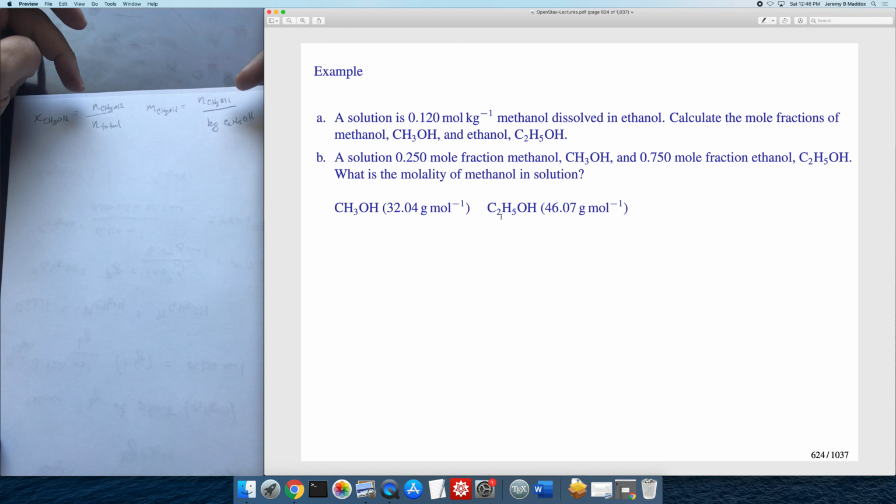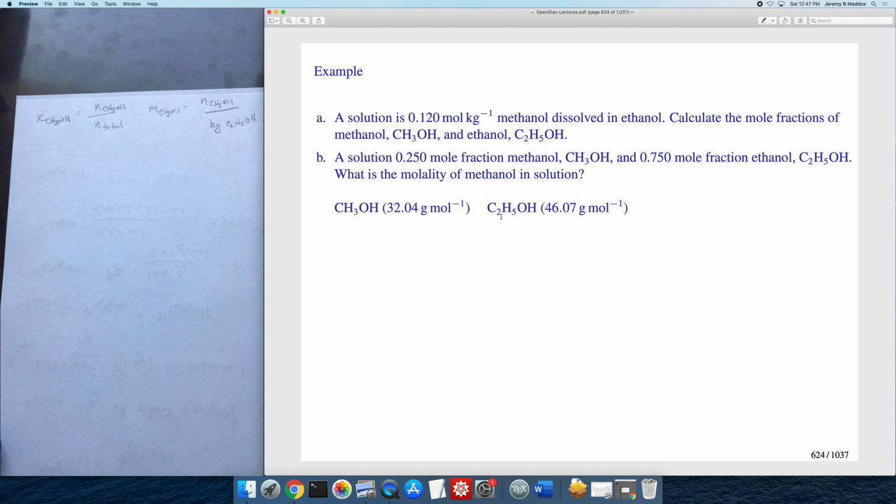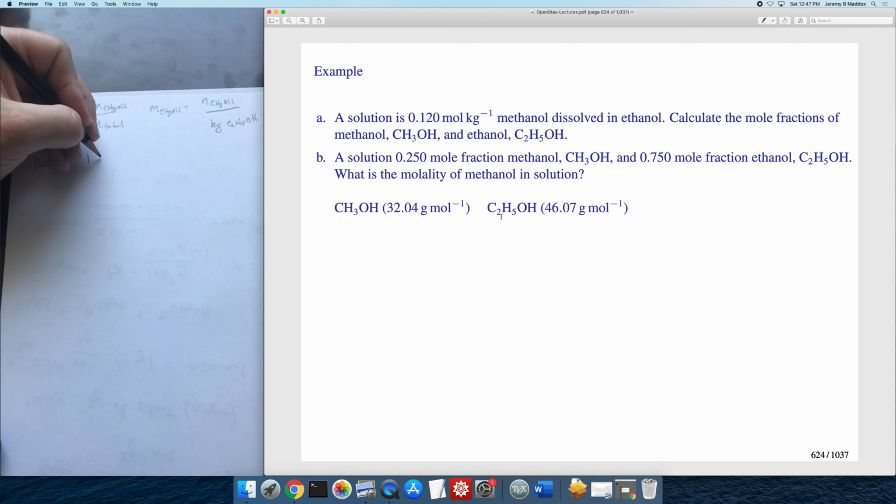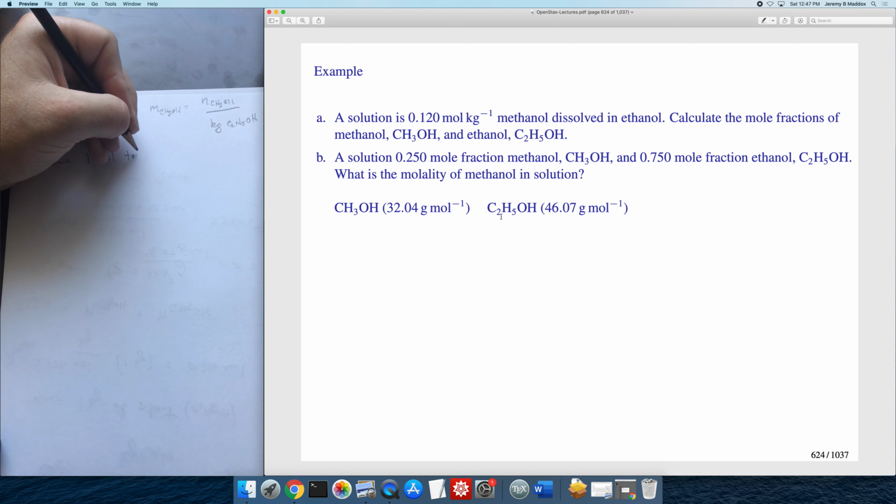So I'll point out again that the numerators are the same. So what we'd really like to do is to have a convenient way of extracting the numerator from the given mole fraction so that we can use that in the numerator for the molality. The last problem indicates how we would do that. It's a little bit different here. What we'll do is we'll assume that we have 1 mole total.